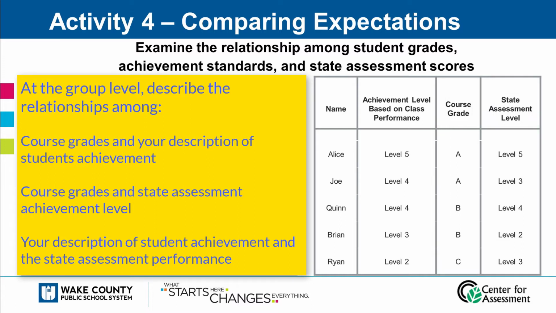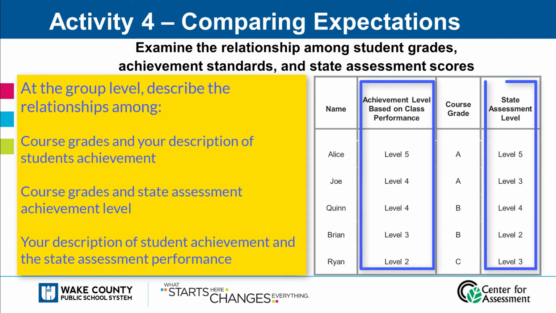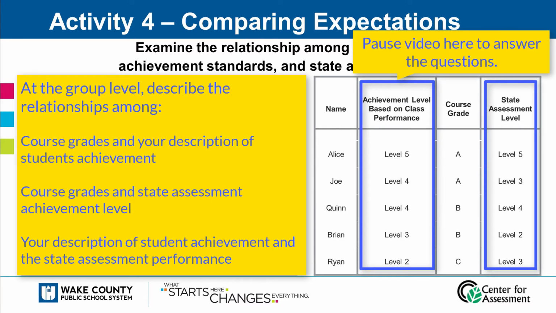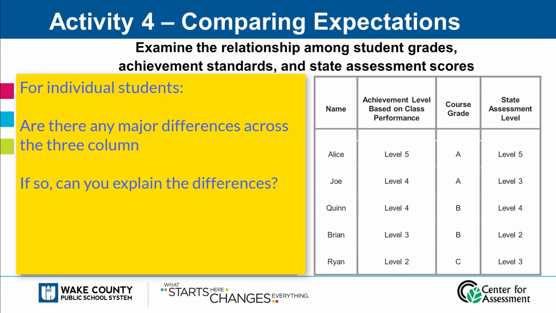And finally, between your description of student achievement and the state assessment performance. For individual students, are there any major differences among the 3 columns? If so, can you explain those differences?